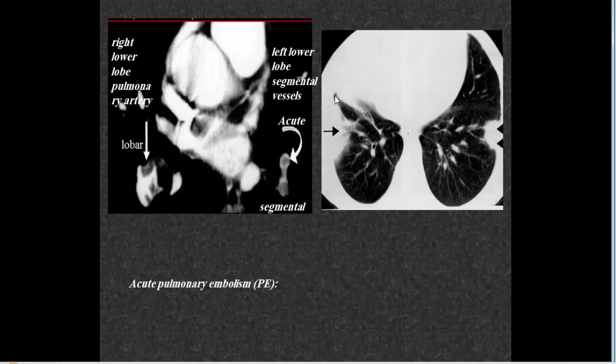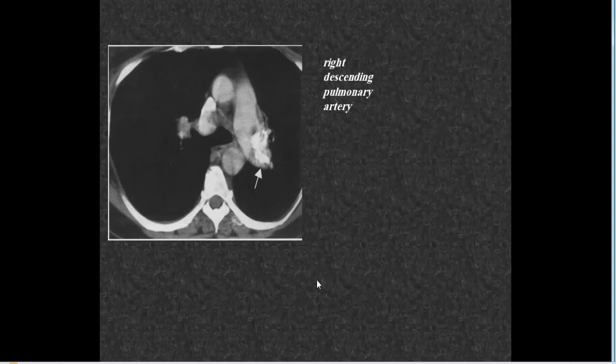We see wedge-shaped, pleural based areas in the right lower lobe: pulmonary infarct. This area is non-enhanced with contrast, devoid of blood supply. These are pulmonary infarcts.